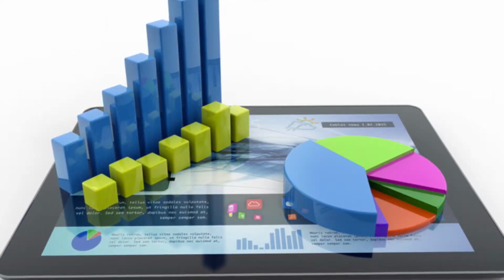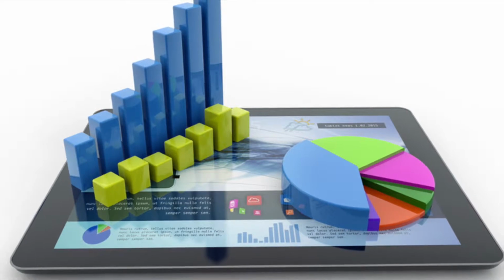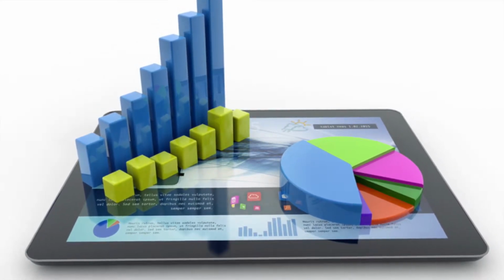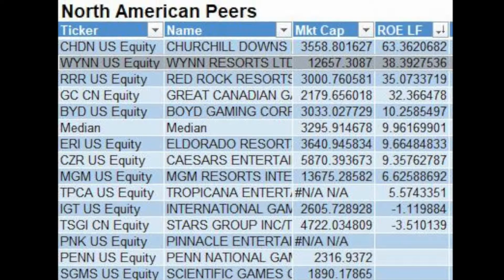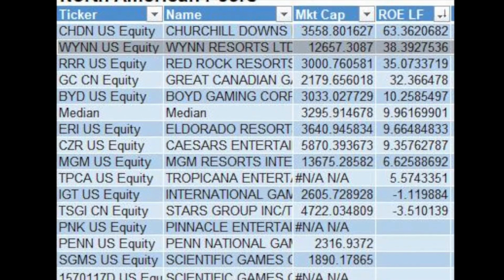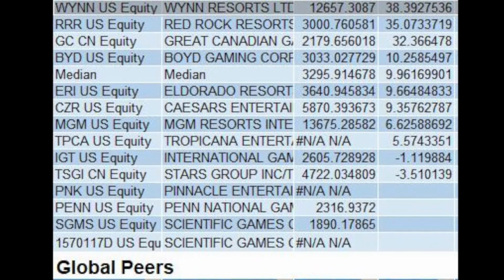Profitability ratios are metrics used to measure the firm's ability to generate earnings. The profitability ratios that were used are return on equity, return on assets, return on capital, and return on invested capital. Return on equity measures the firm's profitability by revealing how much profit in percentage a company generates with the money shareholders have invested.